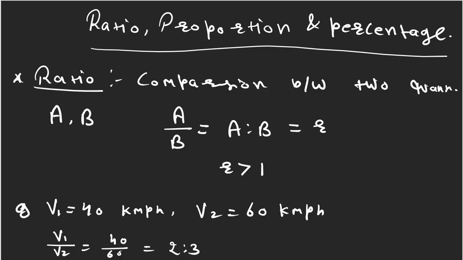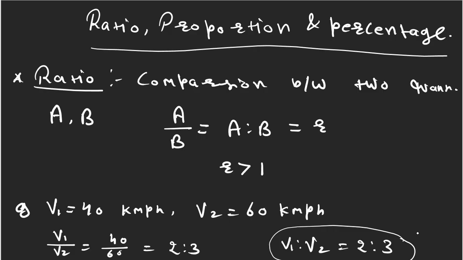If somebody gives you the data that v1 is to v2 is equal to 2 is to 3, you cannot find the speed of the car from this. You can only compare the speeds of these two cars. You can say that car 2 is moving with more speed than car 1, but we cannot say the exact speed of car 2 or car 1. So ratio will only give us comparison, not absolute value. Clear?